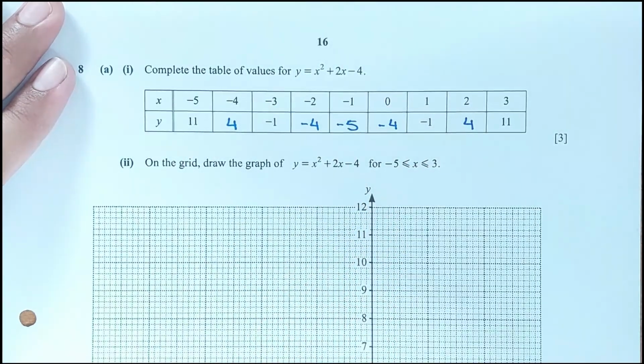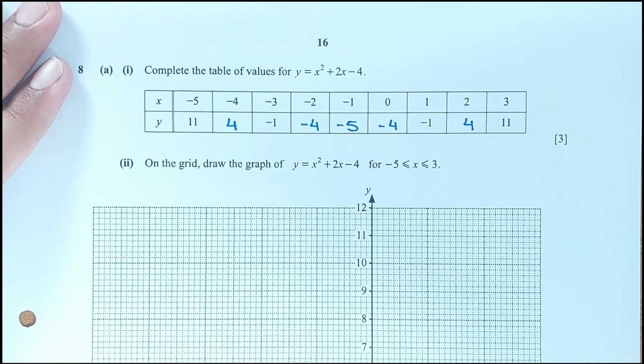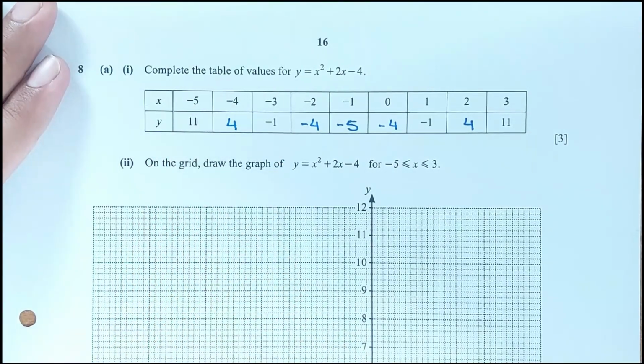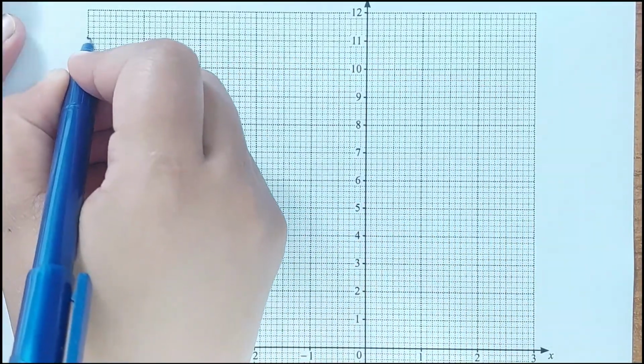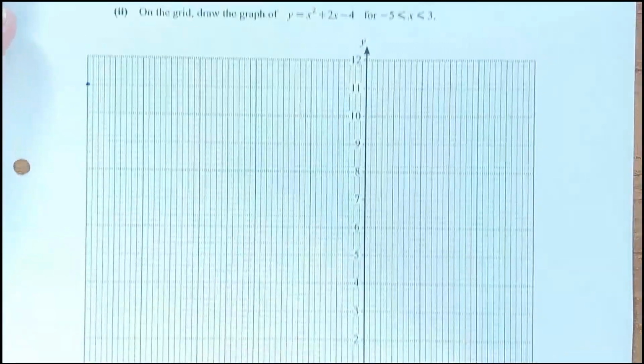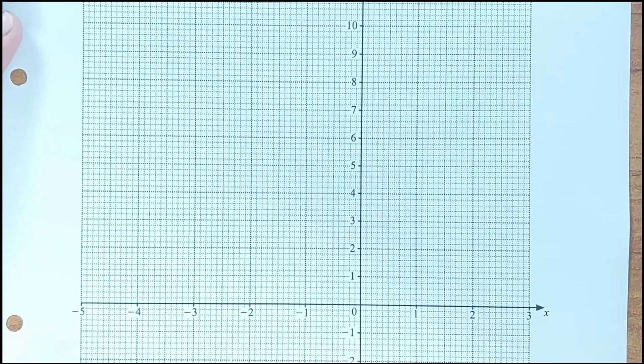Okay, now for the second part, on the grid, draw the graph of y equals x squared plus 2x minus 4 for x between -5 and 3. When x is -5, the y value is 11. So we have -5 and 11 at this point. At -4, y is 4.